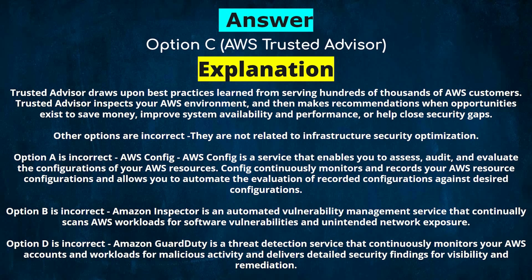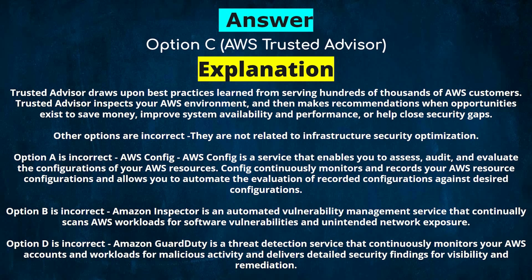Option A is incorrect. AWS Config is a service that enables you to assess, audit, and evaluate the configurations of your AWS resources. Config continuously monitors and records your AWS resource configurations and allows you to automate the evaluation of recorded configurations against desired configurations.